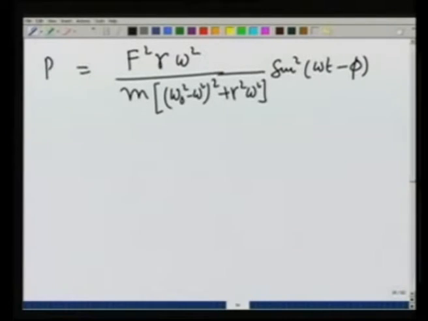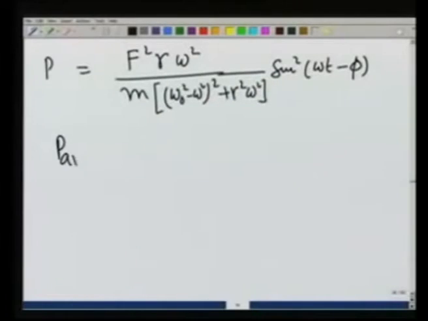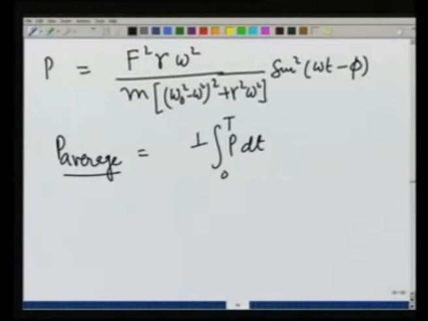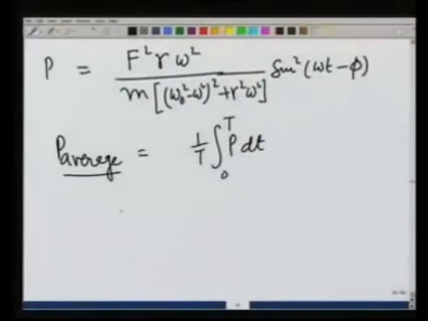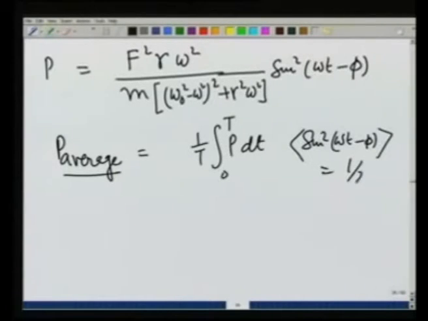So, power really fluctuates. If I were to calculate how much power is lost, the average power over one cycle, that means I integrate the power from 0 to t and divide by t. So, on an average per second, how much power is being lost? Sine square omega t minus phi averaged over a cycle is always a half.